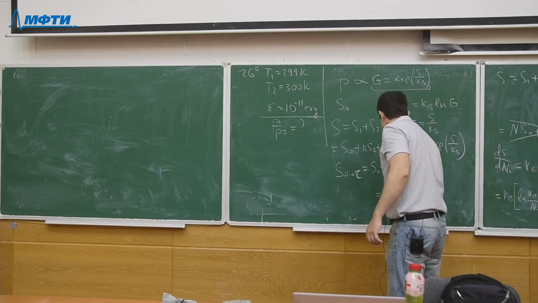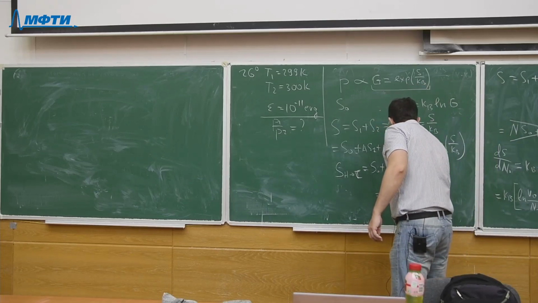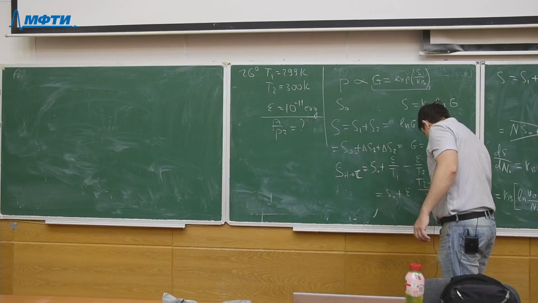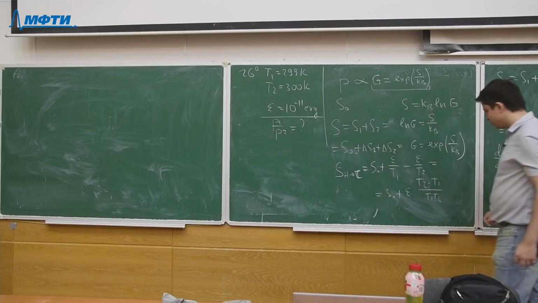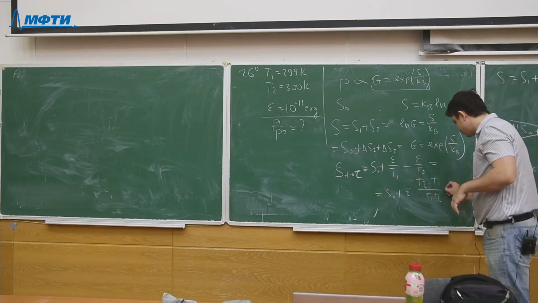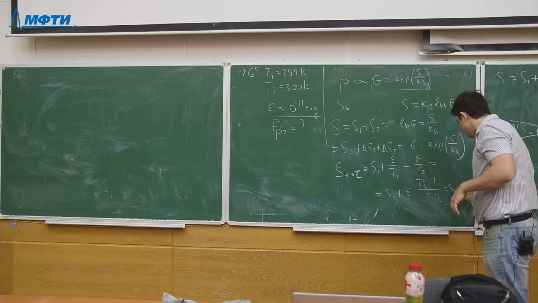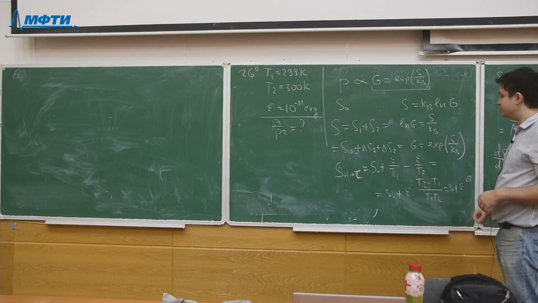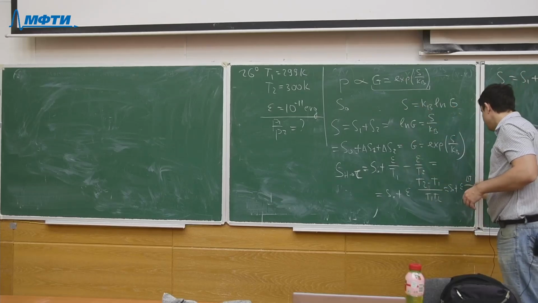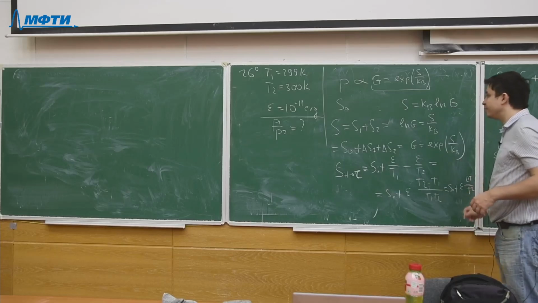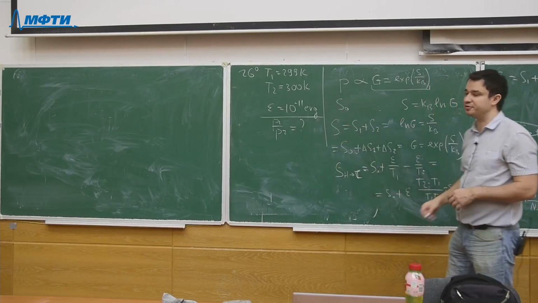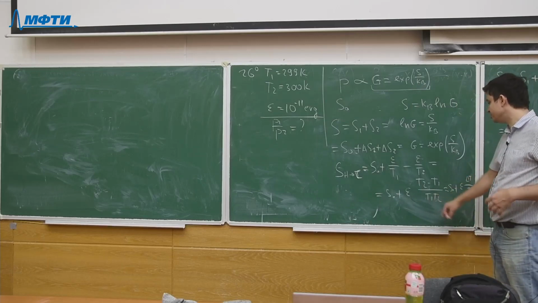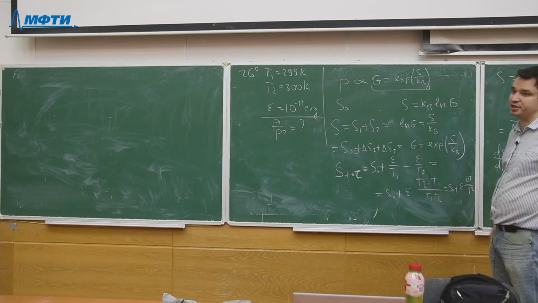So I can write it as S0 plus epsilon times (T2 minus T1) over T1 T2. So altogether that gives me approximately S0 plus epsilon times delta T, which is 1 Kelvin, the temperature difference between the hot and cold body, over T squared, where I can take T equal to 300 kelvins, since there is not much difference between T1 and T2, so the denominator is approximately equal to 300 Kelvin squared.